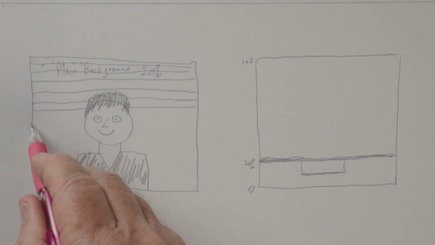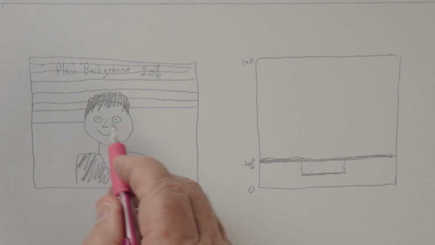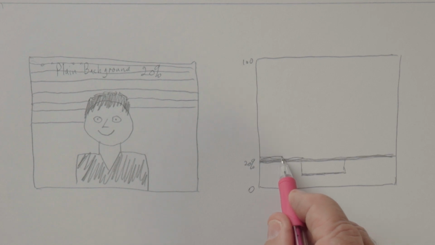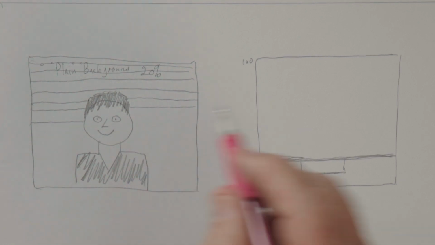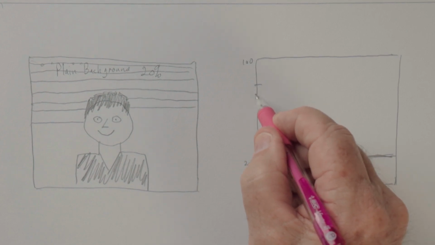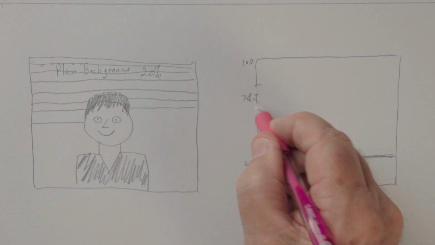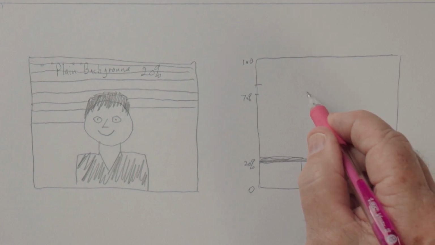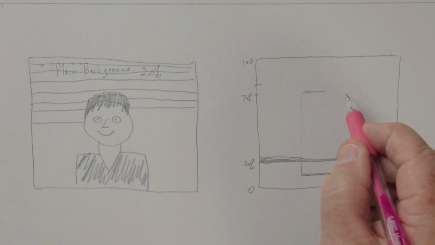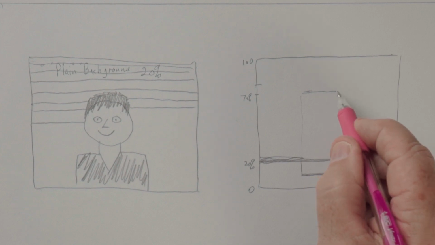And the next one, a few lines down here will come into the face. So that'll come across. And when it hits the face, it's going to go up to something like 70%. It's going to go up to here. And we'll get a line across the width of the face.